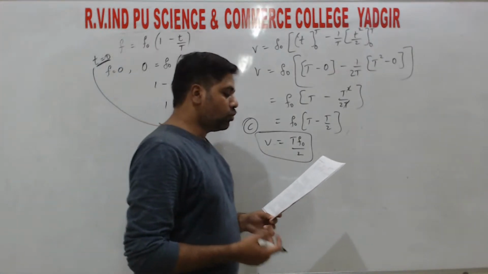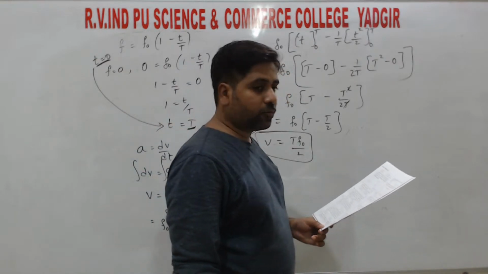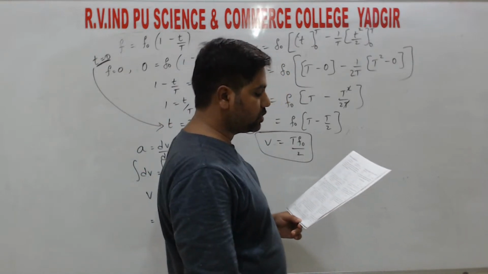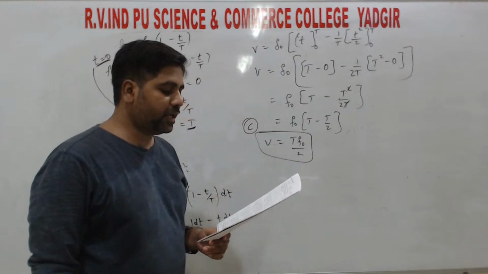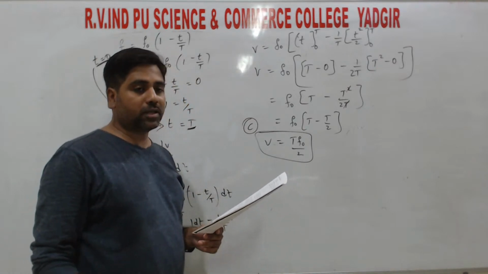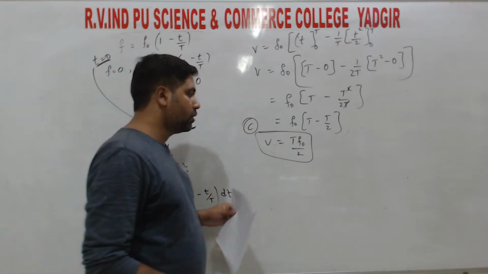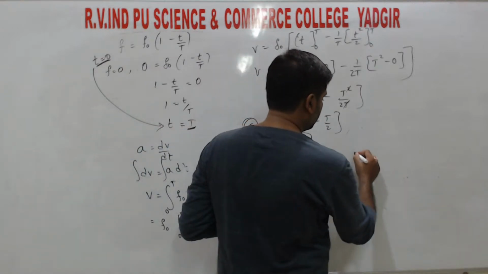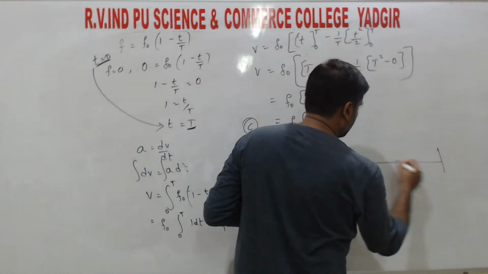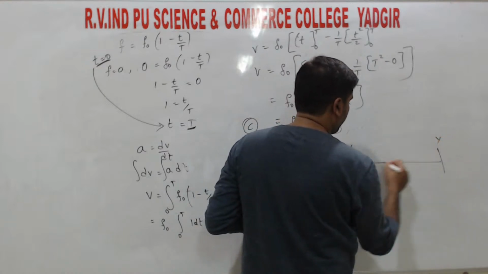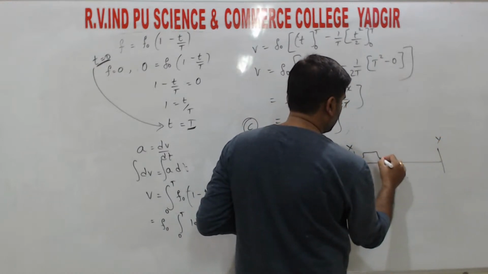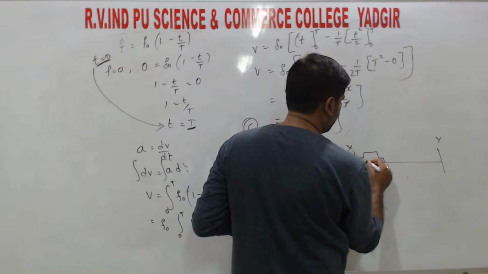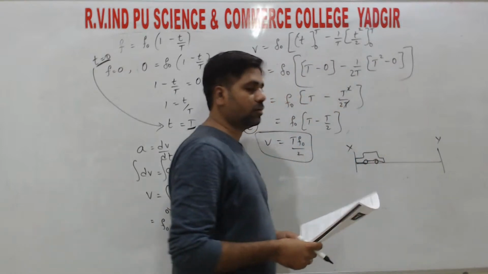Next, a car moves from x to y with uniform speed Vu and returns to y with uniform speed Vd. The average speed for this round trip, right? So this is x point and this is y point. So this is the car, right?